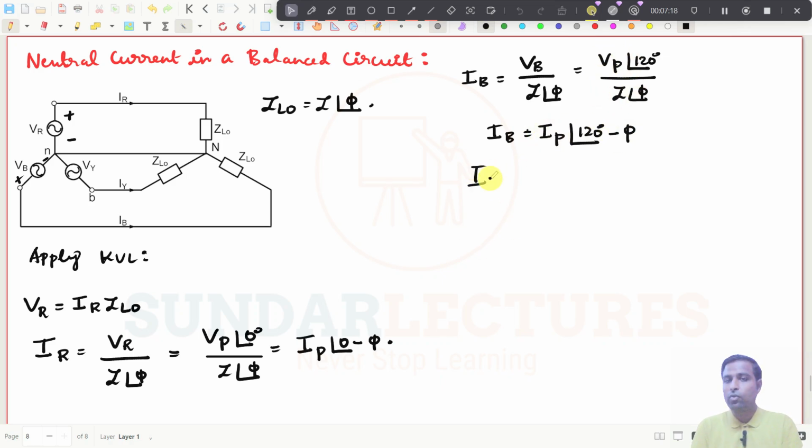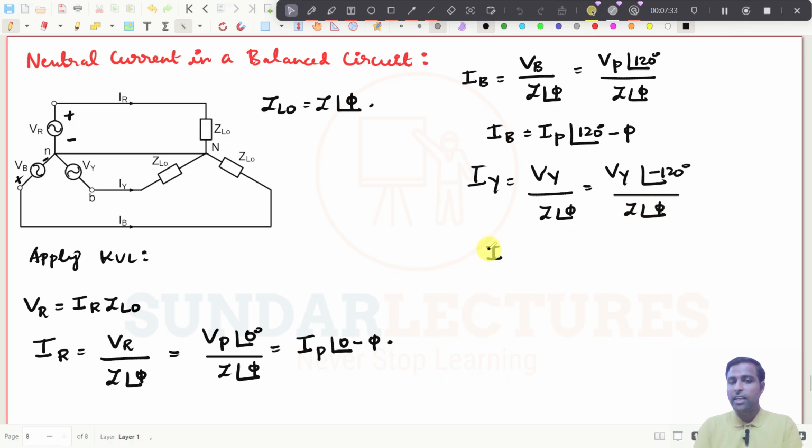And also if you go for IY, then it will be VY divided by Z at an angle of phi. VY will always be at minus 120 degrees divided by Z at an angle of phi. So IY will be equal to IP at an angle of minus 120 degrees minus phi.